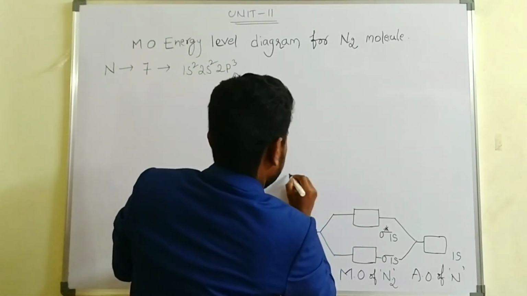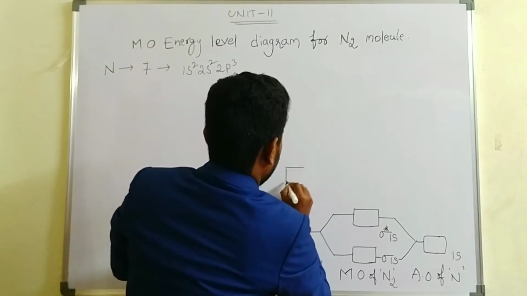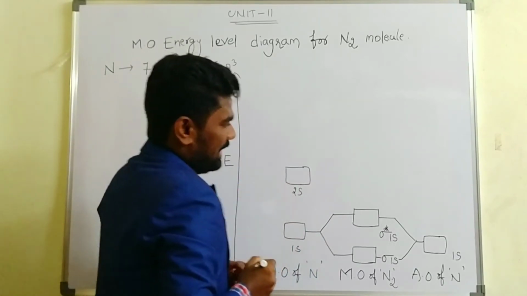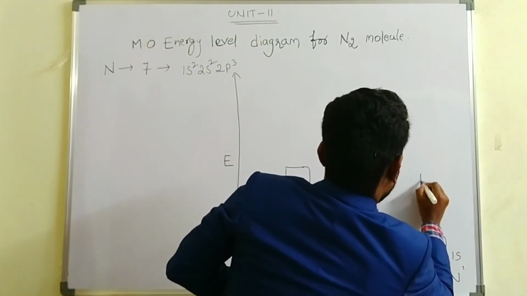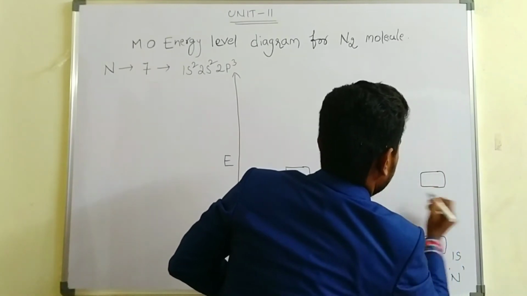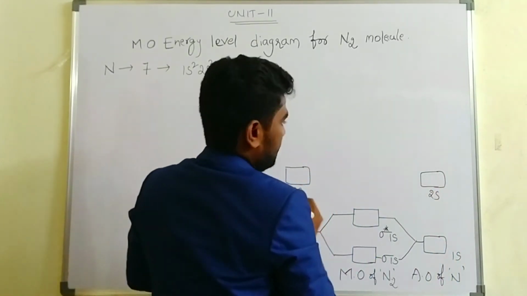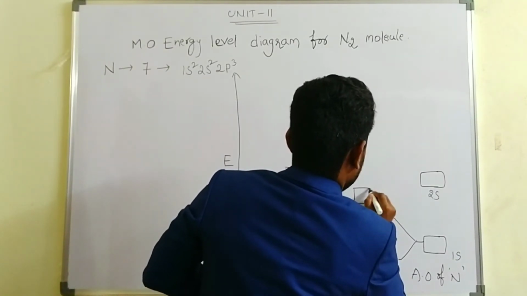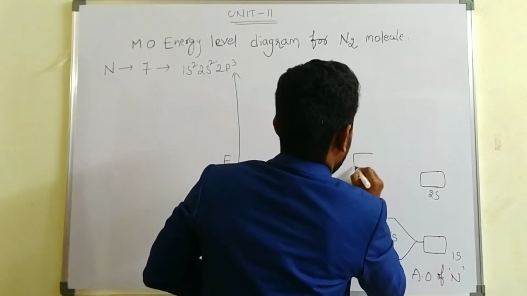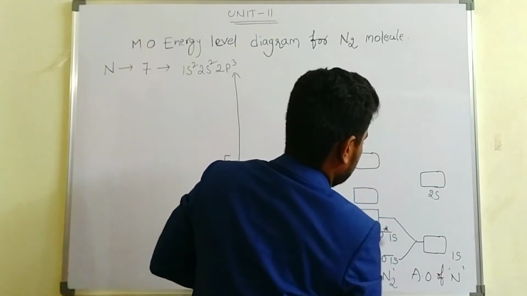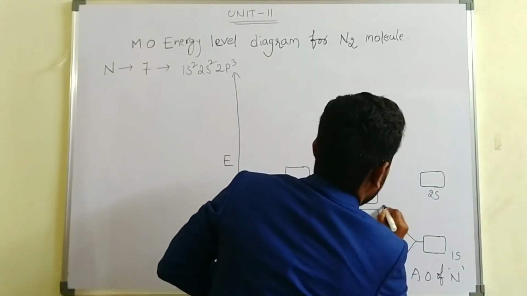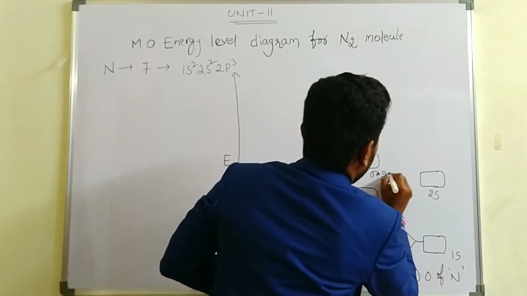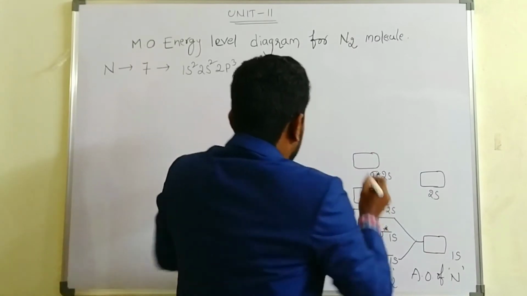So in this case, one 2s atomic orbital from one nitrogen atom and another 2s atomic orbital from the other nitrogen atom participated and formed again two molecular orbitals. Those are sigma 2s and sigma star 2s.